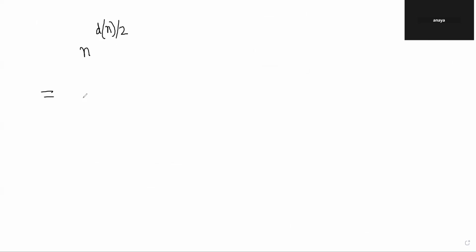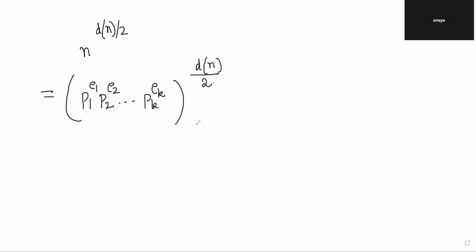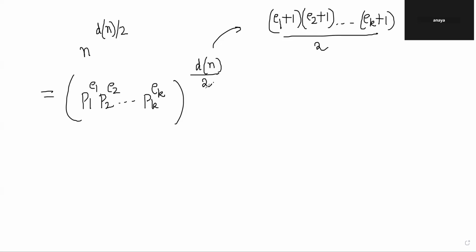So n is p1 power e1, p2 power e2, pk power ek, whole raised to the power d of n by 2, right? And d of n is (e1 plus 1)(e2 plus 1) till (ek plus 1), divided by 2.